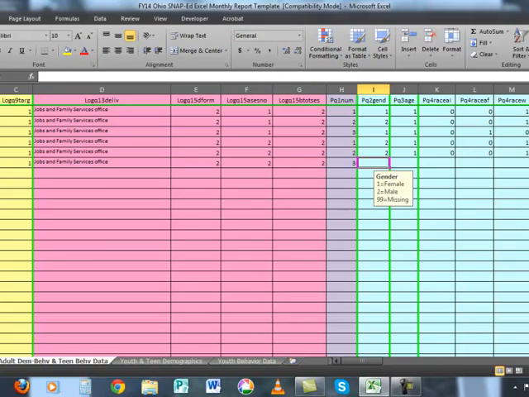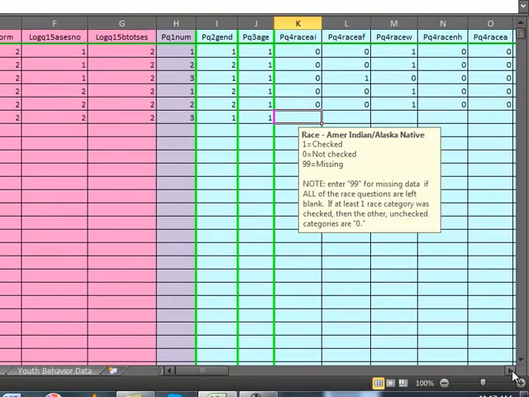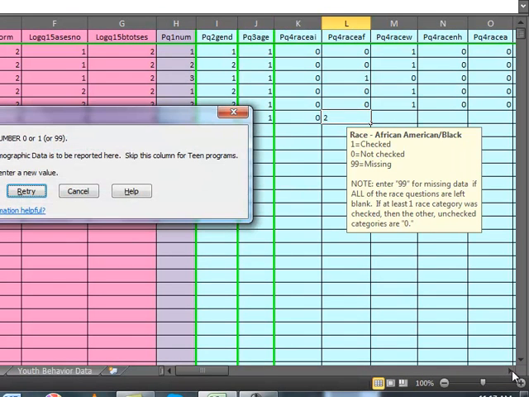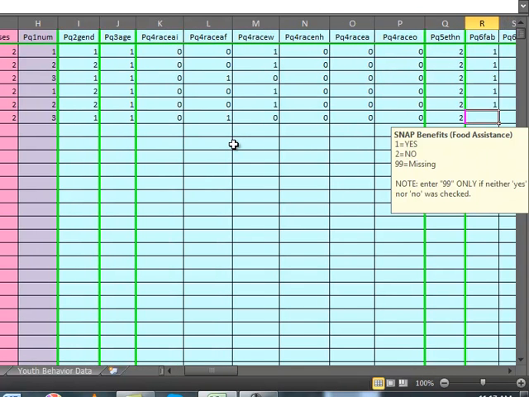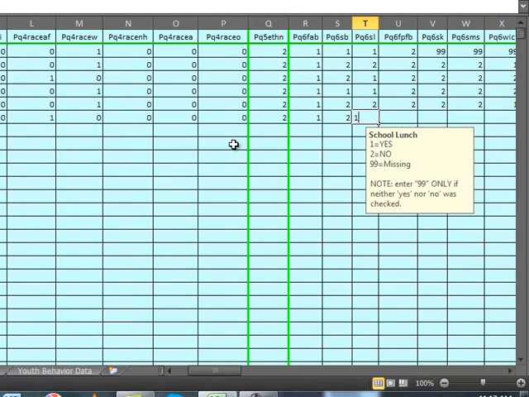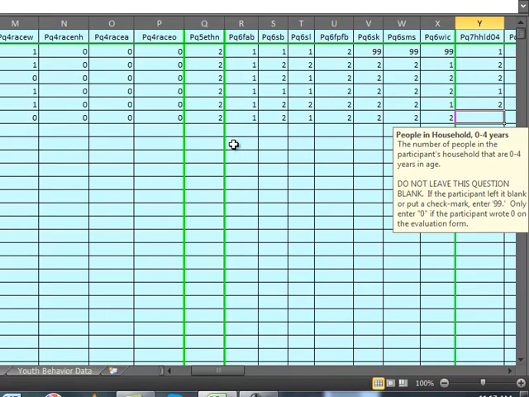And this person was a female, age 18 to 59, of African American race, non-Hispanic ethnicity, who uses SNAP benefits, school lunch, and that is all.